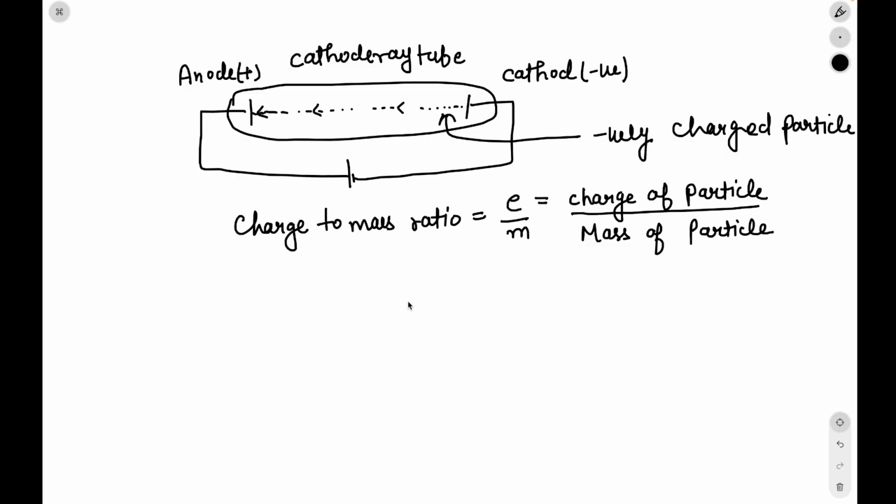For an electron, the value of e upon m is equal to 1.76 × 10^11 coulomb per kg.